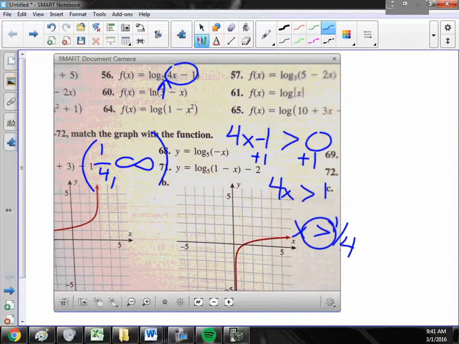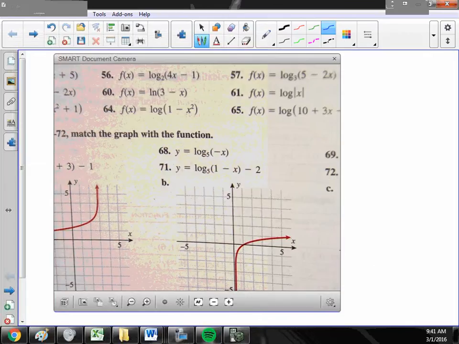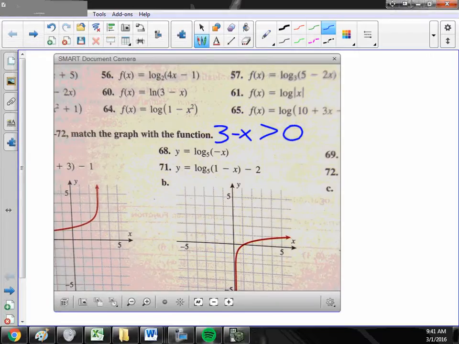Okay, look at number 60. 3 minus x has to be greater than 0. How do we solve that? So we could subtract 3. Negative x is greater than negative 3. Divide by negative 1, which flips the inequality. x is less than 3.